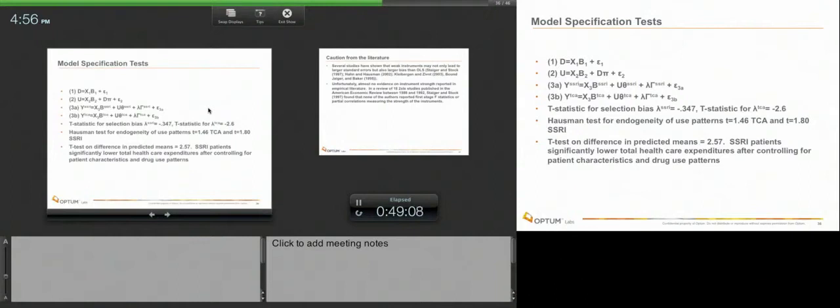So the upshot was that we did find selection, but we found it with the tricyclic group and not with the SSRI group. And I think the reason was that there's an issue with respect to tricyclics in terms of suicidality potential. So people could take them to commit suicide. They're dosing specific.